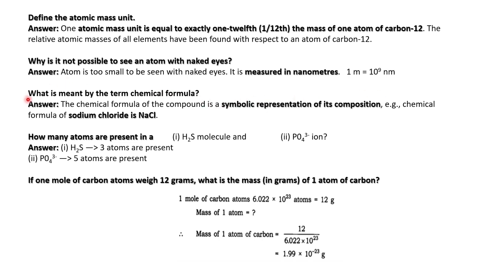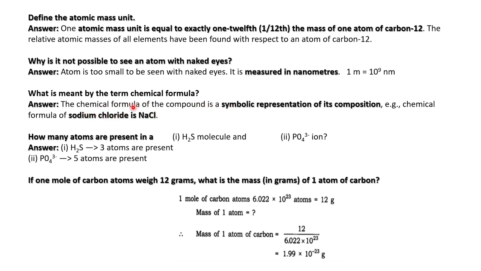What is meant by the term chemical formula? The symbolic representation of its composition is the chemical formula. For example, sodium chloride.